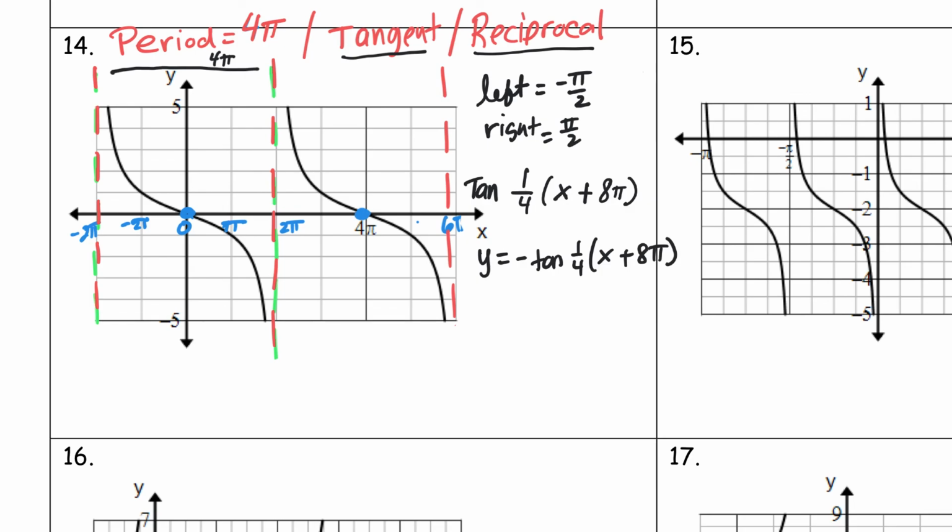Now, if I were to do the distributive property, you would see the shift: negative tangent 1/4 x plus 2 pi. So you notice that this would have had to shift 2 pi units to the left. And that's what this graph did. It shifted 2 pi units to the left.